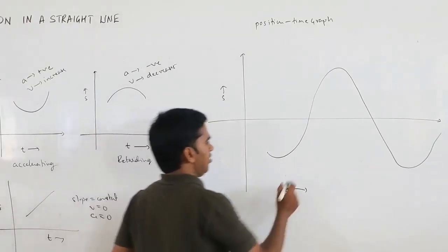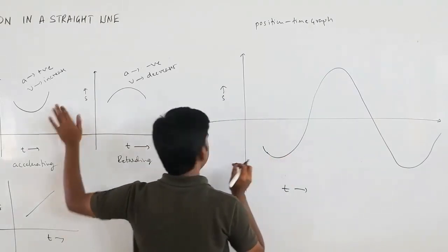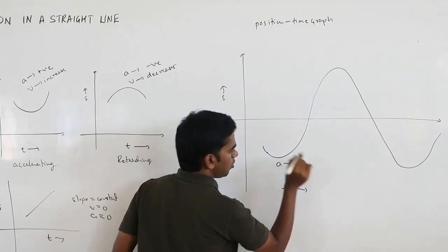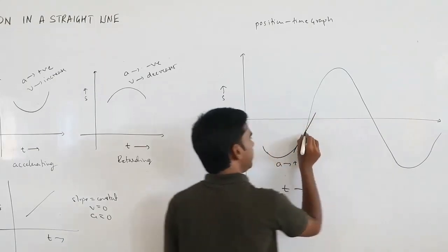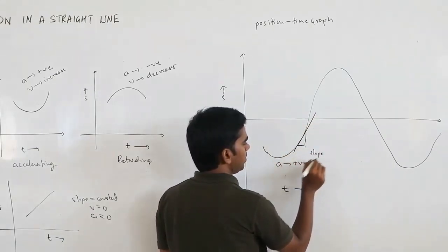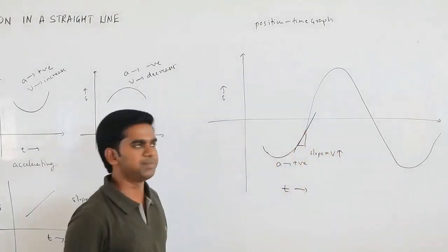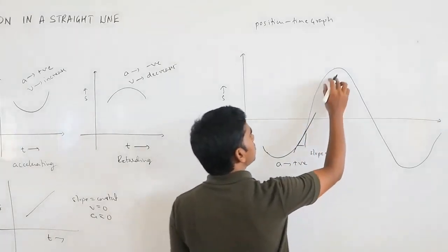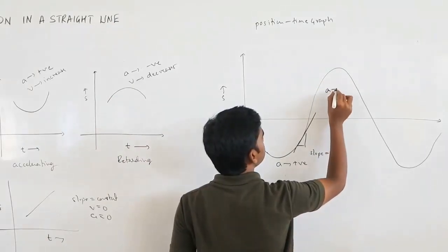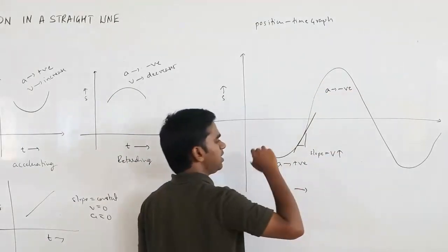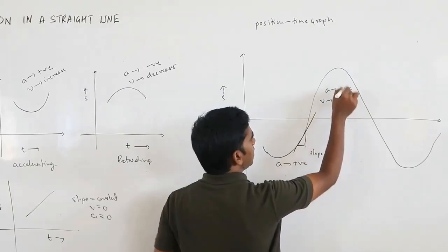Suppose I look here, the curve is upward, which means A is positive. If I take a tangent over here, the slope is nothing but velocity. So velocity is increasing here. If I come to this point, here the curve is downward, so A is negative, which means it is retarding. So velocity decreases.